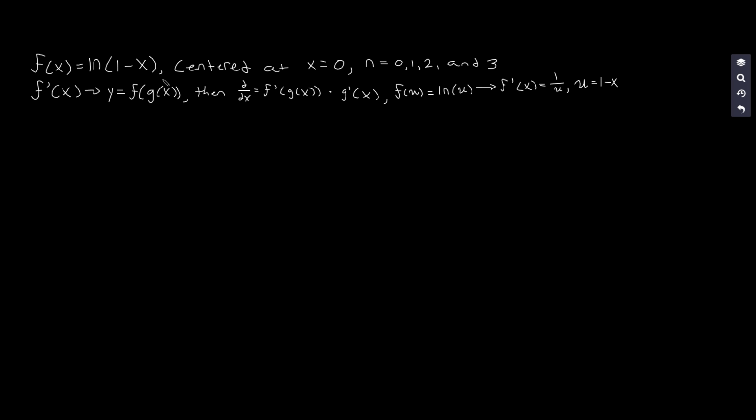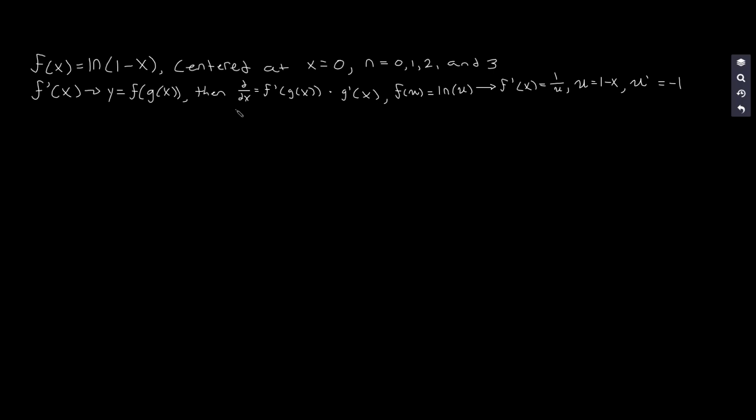Then we want to take the derivative of u. How do we do that? Well, the derivative of 1 is 0, and the derivative of negative x is just negative 1. So the answer is negative 1. Now we have all the components we need to apply the chain rule.